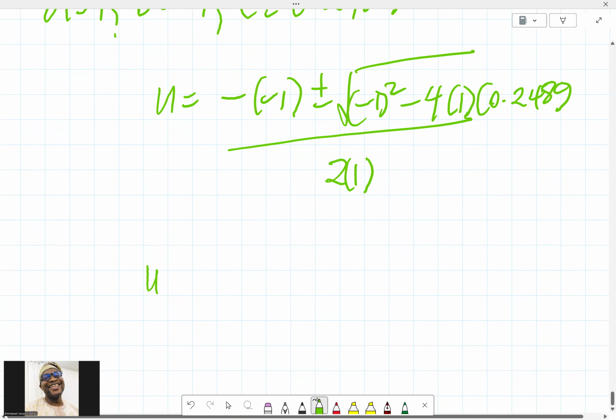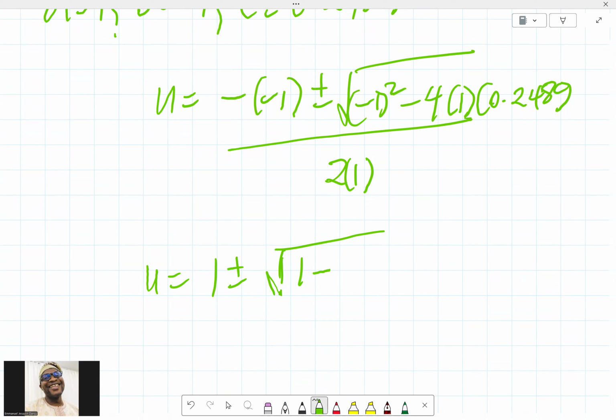So we have u to be 1 plus or minus square root of 1 minus 4 times 0.2489. That 4 times 0.2489 is 0.9956, all over 2.